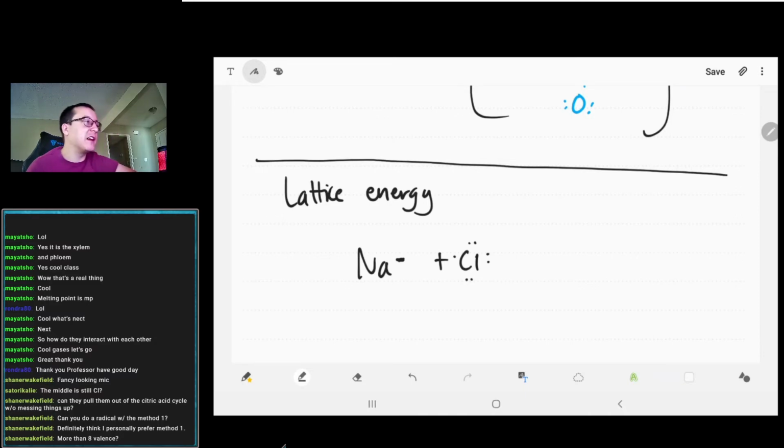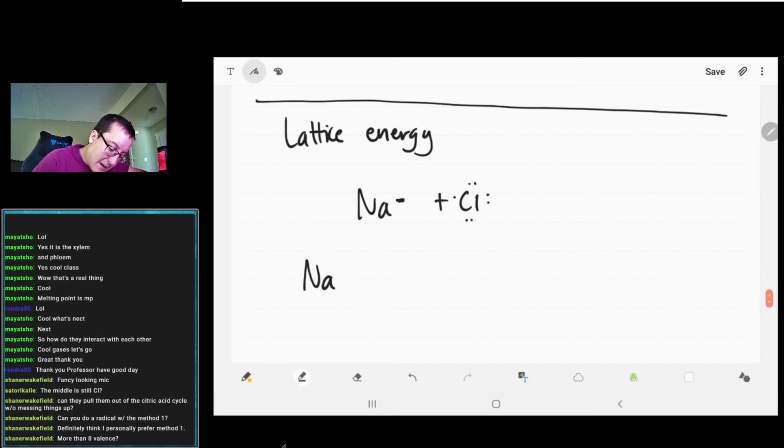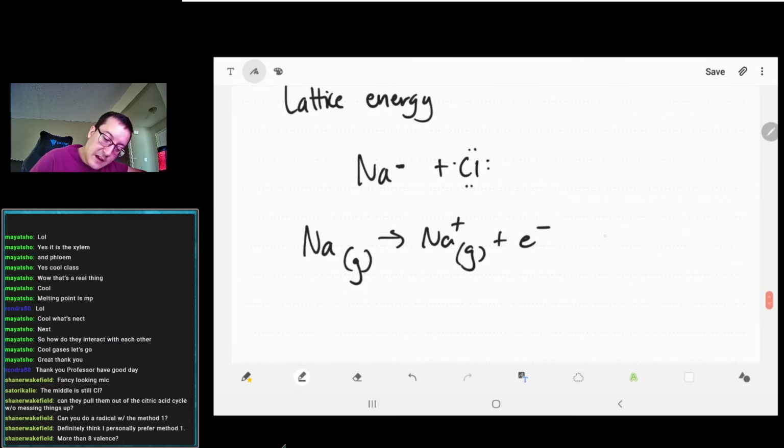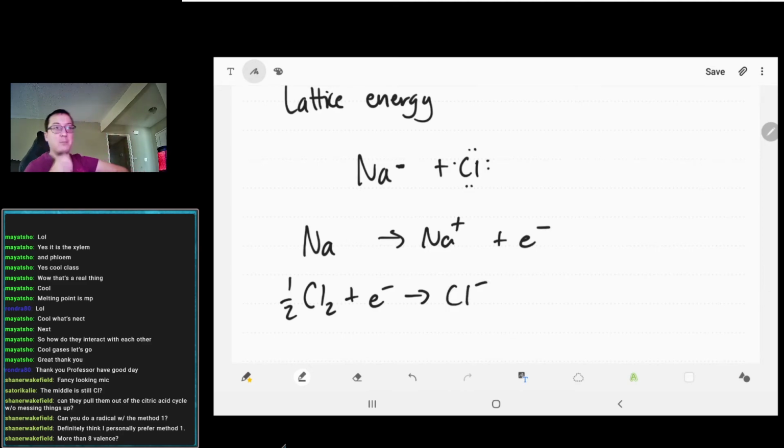And we talked about the electron affinity and the ionization energy. Remember we had, was it solid? I don't remember. Actually, it's probably gaseous. Usually these have to be in the gas form, but whatever. This was the ionization energy. I'm just going to hide the states because I don't remember which one we did. And then we had half of chlorine plus an electron turning into chloride minus, right?